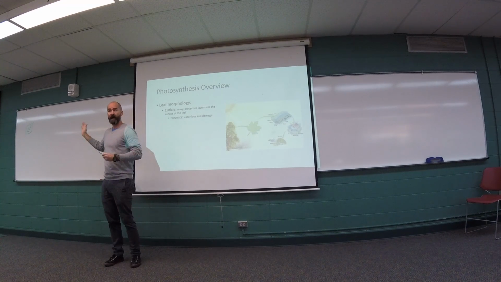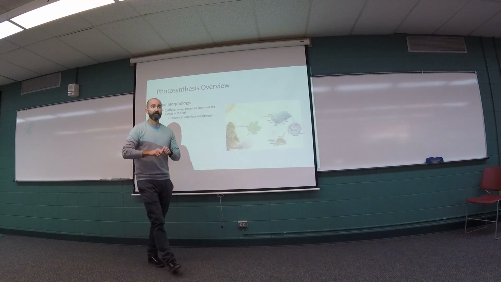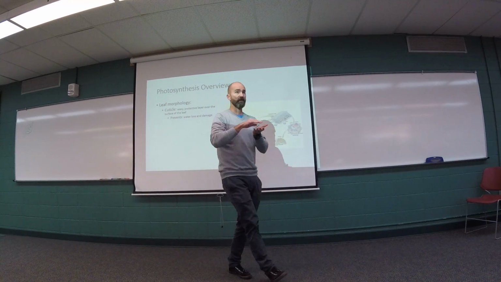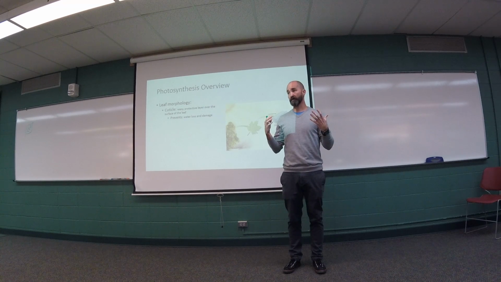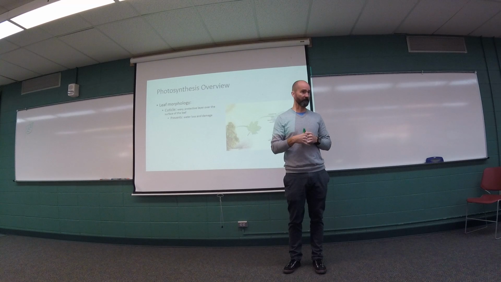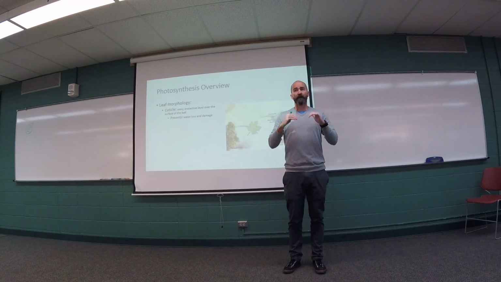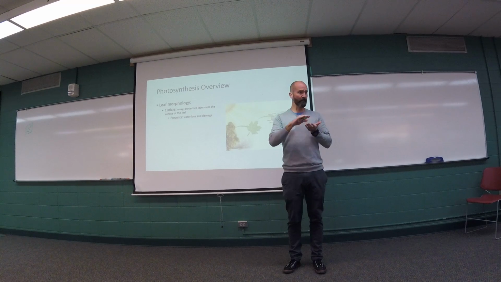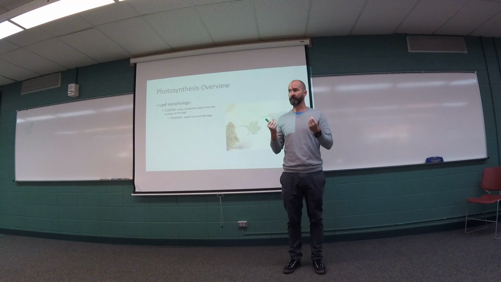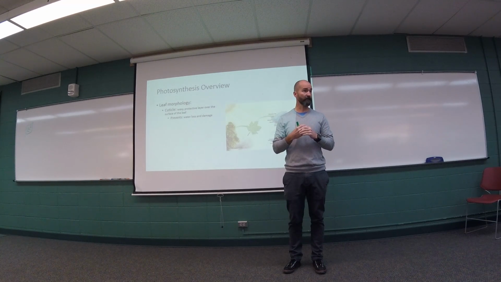The problem with that, though, is that with that small volume to surface area ratio, they're also able to lose water really easily. And water is an important molecule for the process of photosynthesis. So to prevent the loss of water, plants completely cover their leaves in a type of fat called cutin, which is collectively called the cuticle.